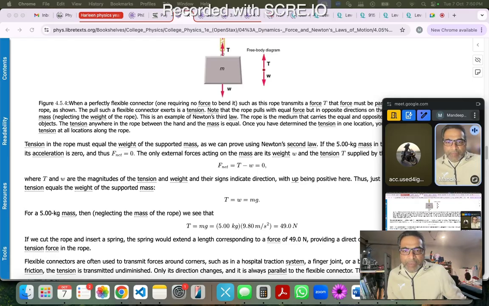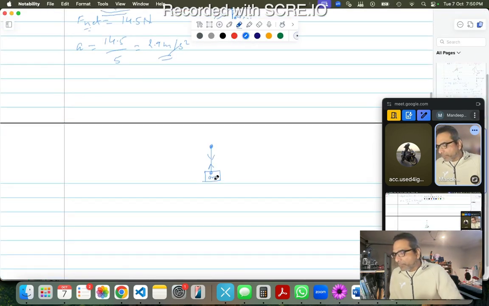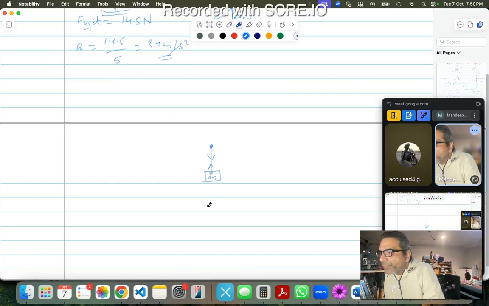First, we will take a simple example: hanging a mass. It's a simple one. Then there is the weight. There is a T force acting upward, because there is a hand holding it. So there is a tension between the rope and the hand, and a tension between the weight and the rope itself.